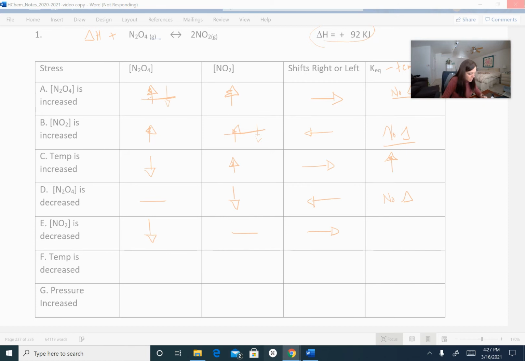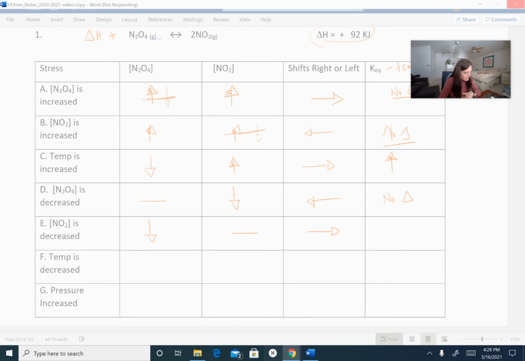And that means our concentration of dinitrogen tetroxide is going to go up, and our concentration of nitrogen dioxide is going to go down. So our concentration of our products are going down, and our concentration of our reactants is going up. So that means our equilibrium constant is going to go down. Okay?